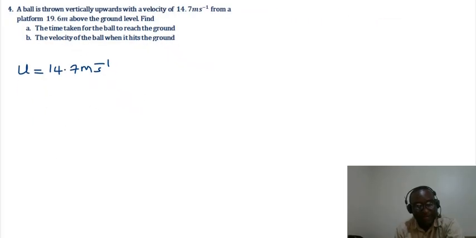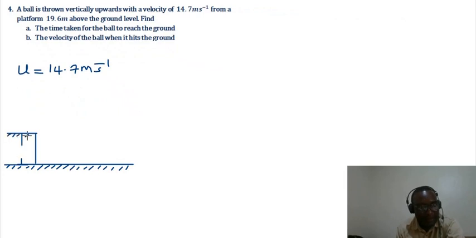So we need to have a sketch. This is our level ground, and this here is the platform, which is 19.6 meters. So this ball is vertically thrown upwards, then it reaches the maximum height, comes back to the ground. It is projected up with an initial velocity of 14.7.